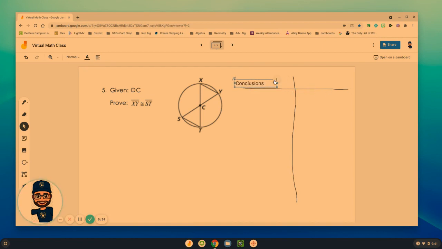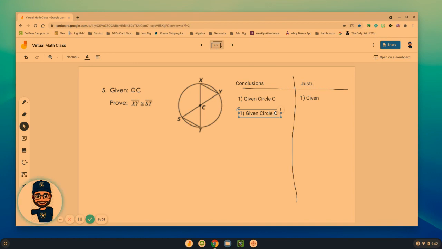When you look at the fact that they gave you a circle, that's your clue. Just like in the last one, how they gave us the midpoint, we have to realize that that's kind of the clue. So step number one here: given circle C, meaning there's a center at circle C. Our justification for the first step is always given.